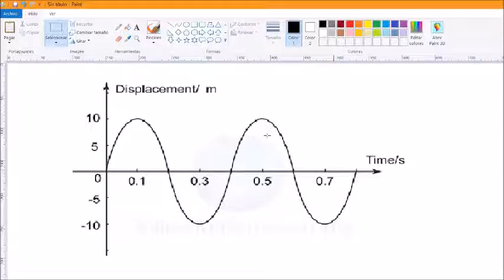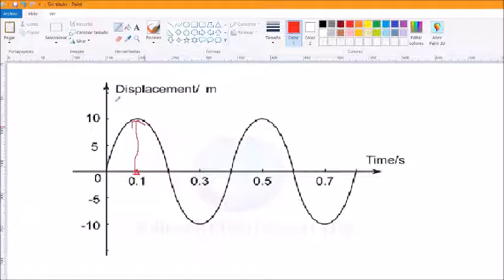So as I said, the amplitude is the maximum displacement that the wave can travel from the equilibrium position. So here is the maximum displacement that a wave can travel from the equilibrium position.